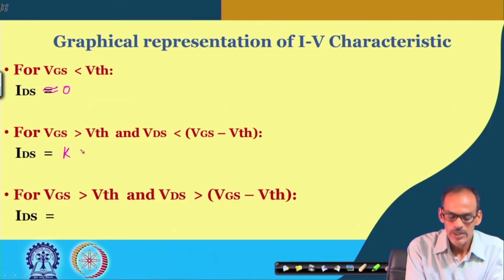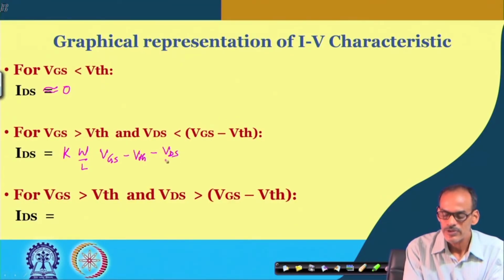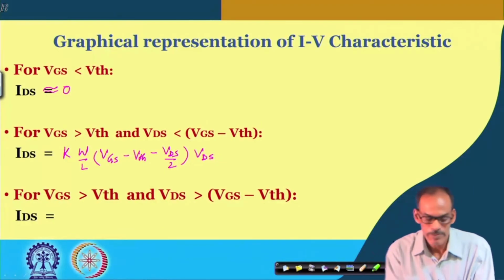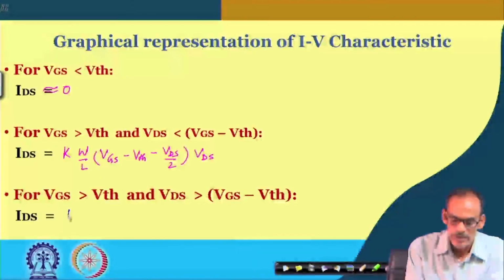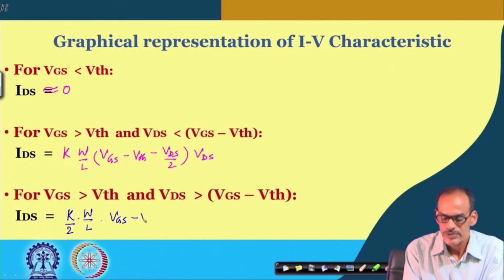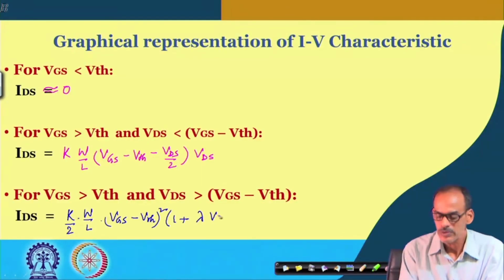Then this is K into W by L, (VGS minus VTH minus VDS by 2) into VDS, and then here we do have K into W by L divided by 2, (VGS minus VTH) square into 1 plus lambda into VDS.